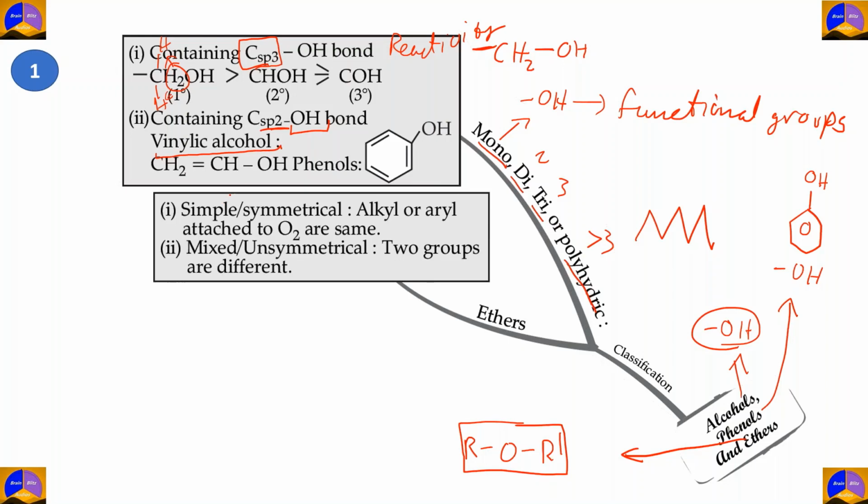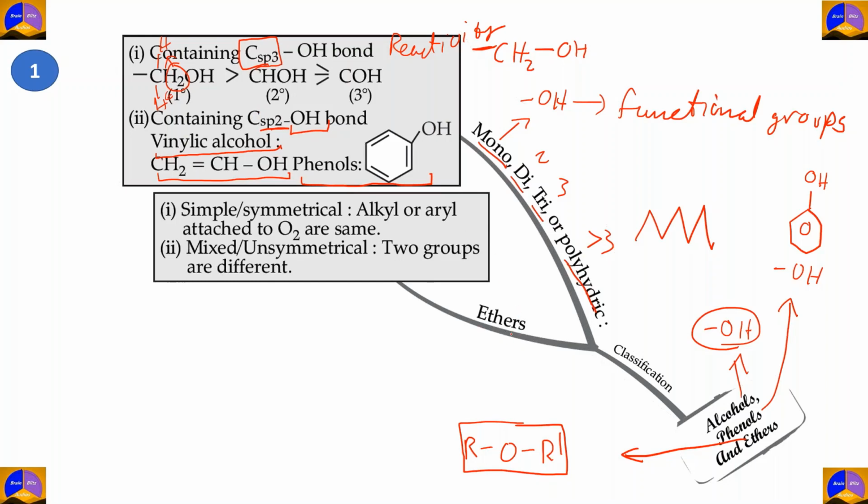Vinylic alcohol is given as CH2=CHOH. And it is also used for phenols. Phenols, since they have an aromatic compound, such as benzene, would have a partial double bond everywhere due to resonance. So it is contained in the second category, which is containing the C-sp2-OH bond. So that means the functional group is attached to an sp2 carbon atom.